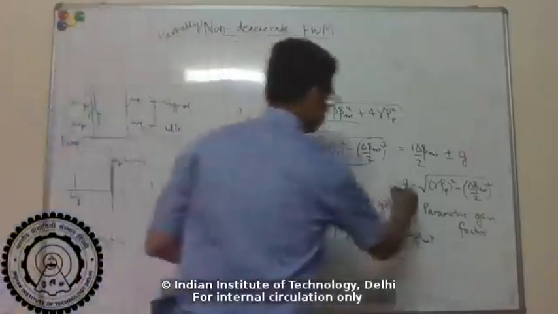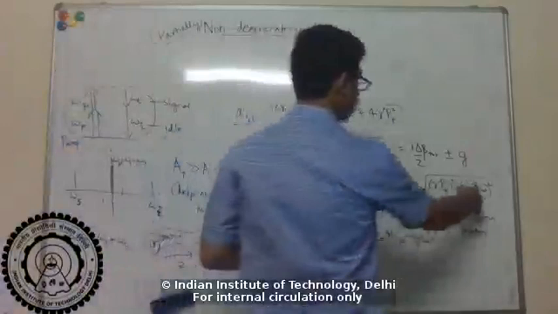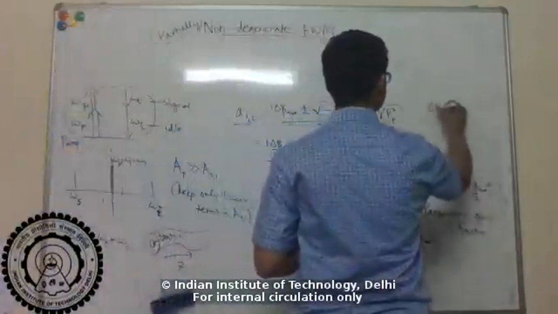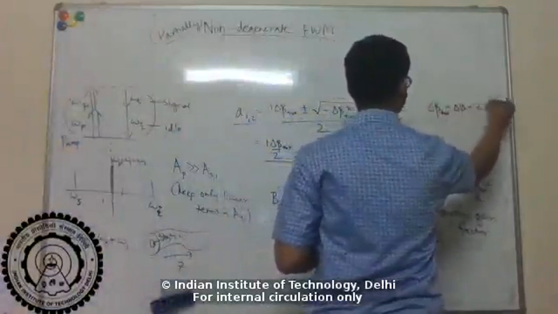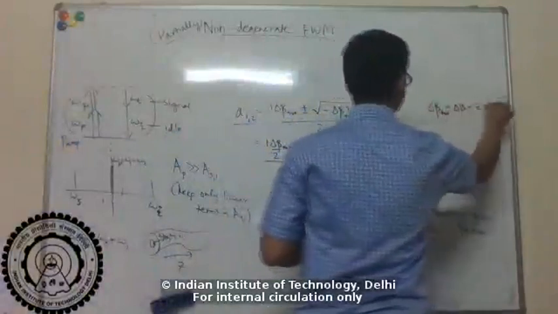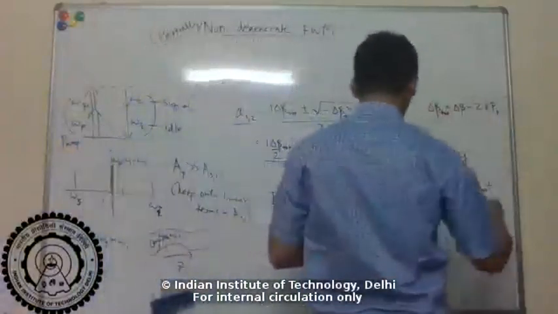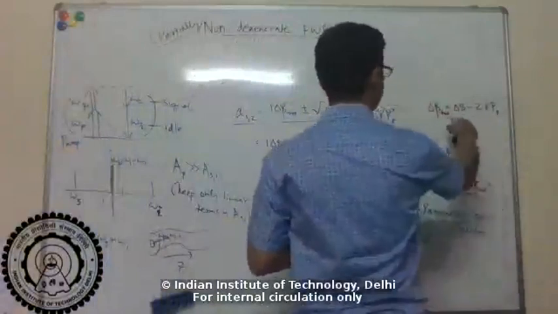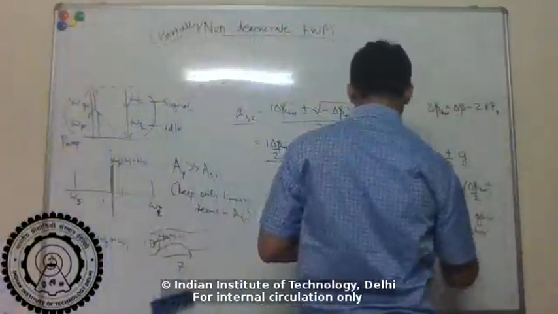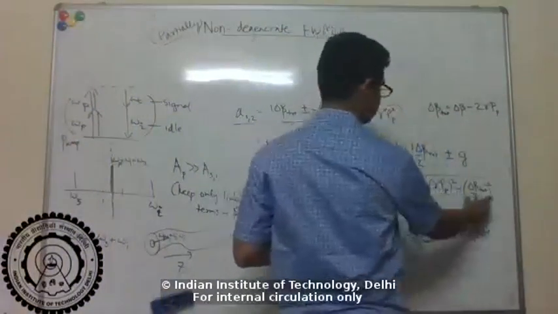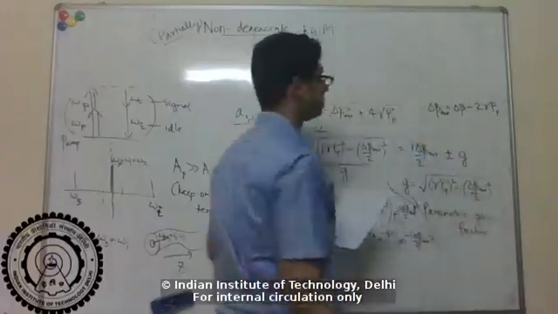So this G, so delta beta total, remember, was the original delta beta minus this nonlinear phase due to cross phase modulation. So if I put that into here, I get some a square minus b square. I can write that as a plus b times a minus b.